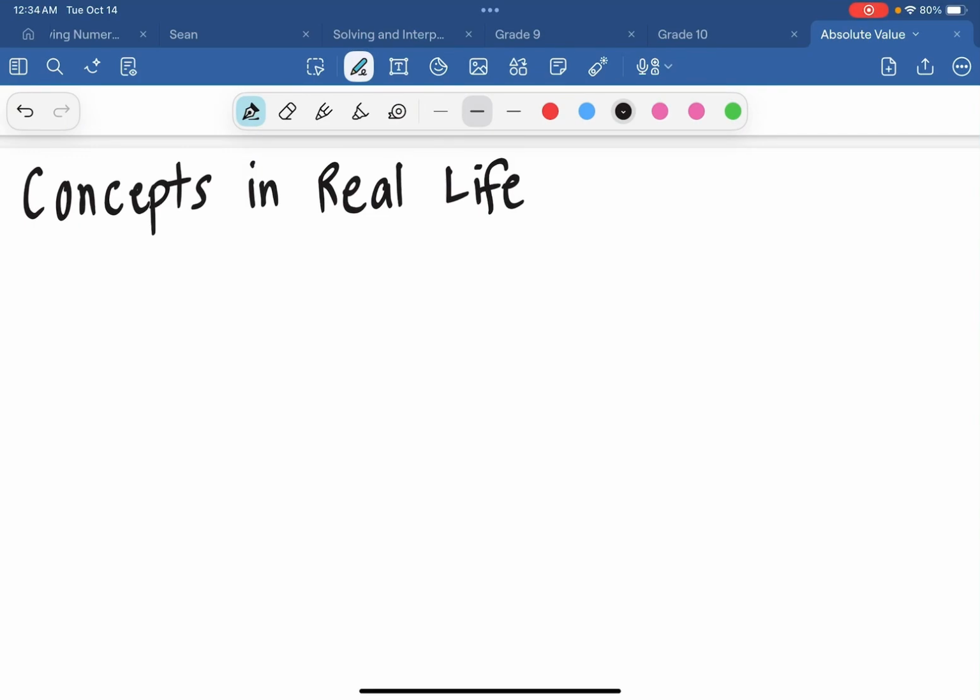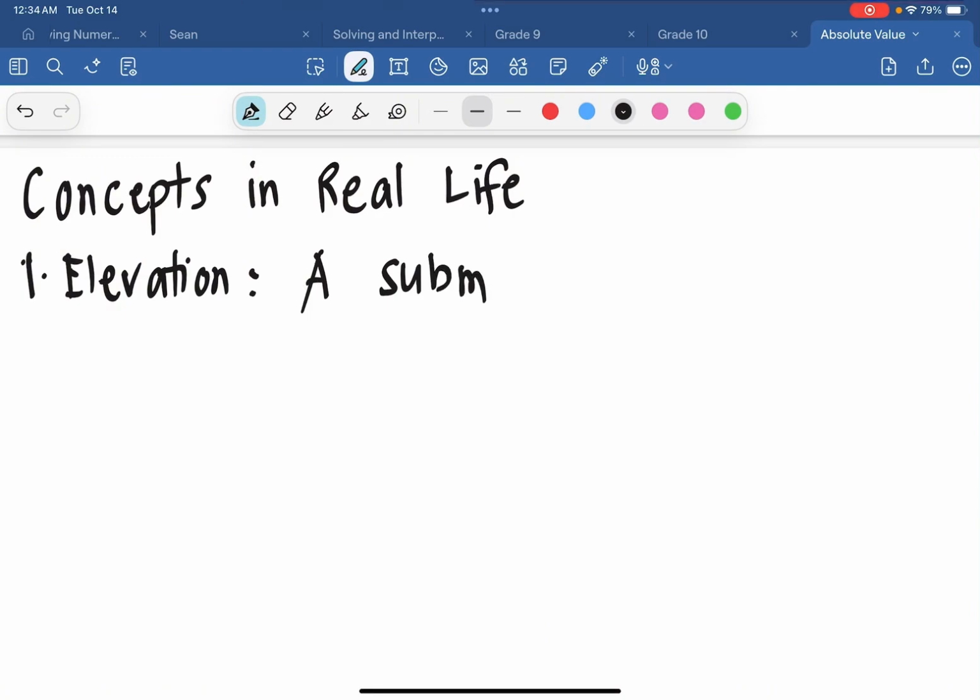Now, before we go over to solving more about absolute value involving JAMDAS, let's first have concepts in real life when it comes to absolute value. Now, let's start with elevation. So when it comes to elevation, I'll just say a submarine is, let me just write it down for you.